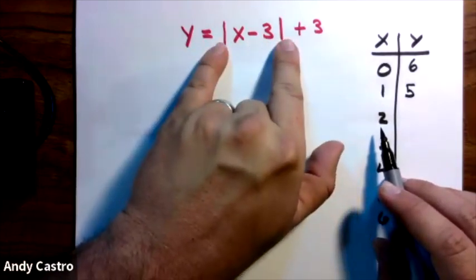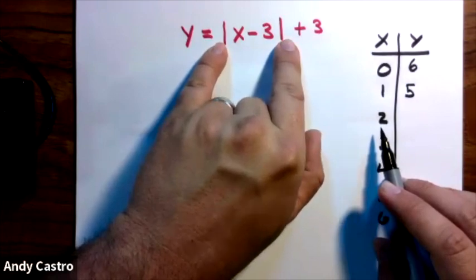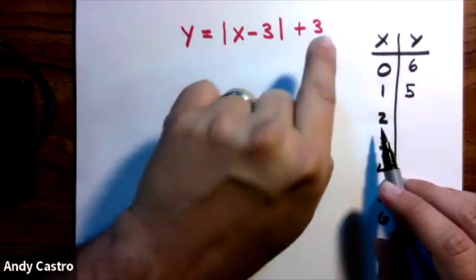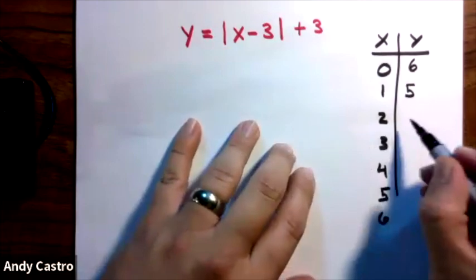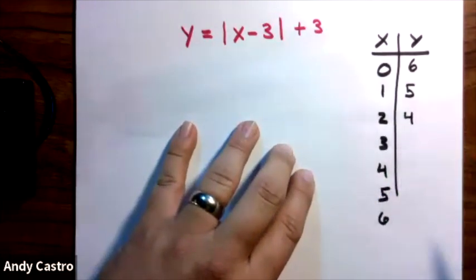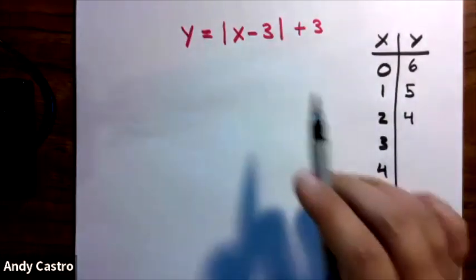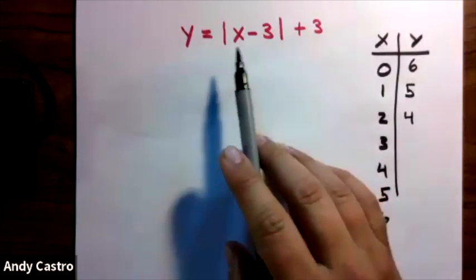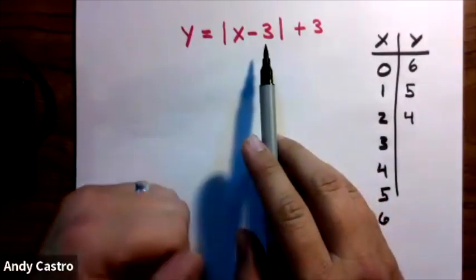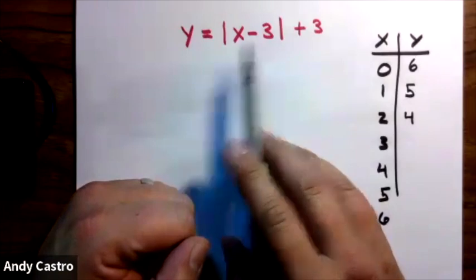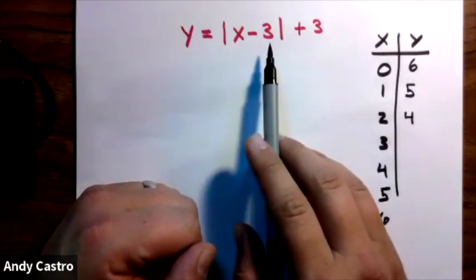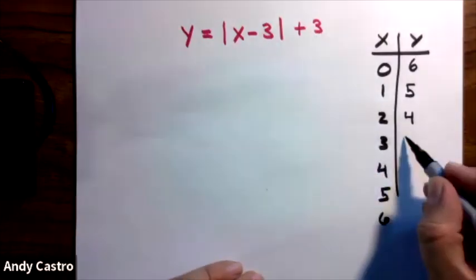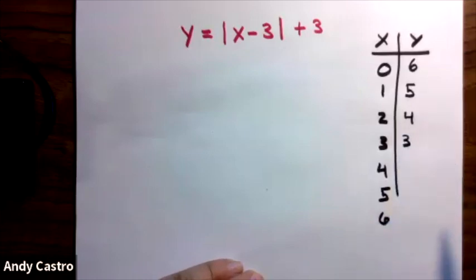The absolute value of -1 is +1. 1 plus 3 is 4. Now I'm going to plug in 3. 3 minus 3 is 0. Absolute value of 0 is 0. 0 plus 3 is 3.